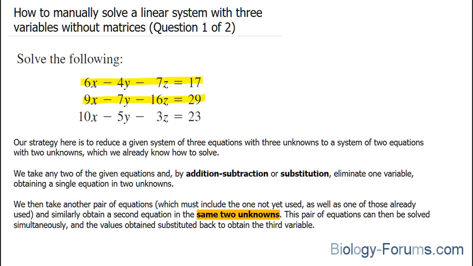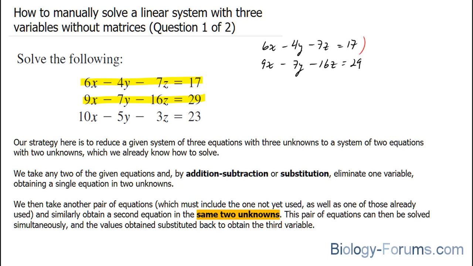So the way we do that is, first of all, we'll write them out again, like so. And since we've decided to eliminate y, what we have to do is multiply this whole equation by 7 and this whole equation by 4, which will ensure that they become the same coefficient.